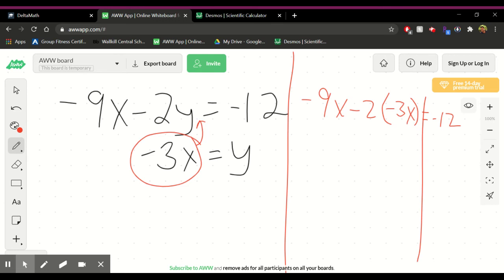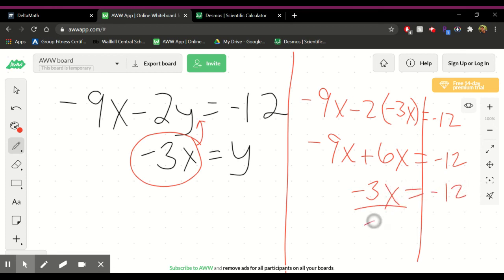All right, here, negative 2 times negative 3x is positive 6x. Negative 9x plus 6x is negative 3x, combined like terms. Divide both sides by negative 3. You get x is positive 4.